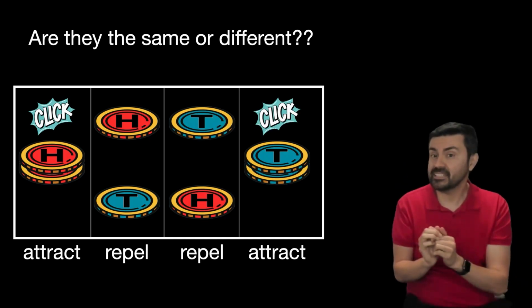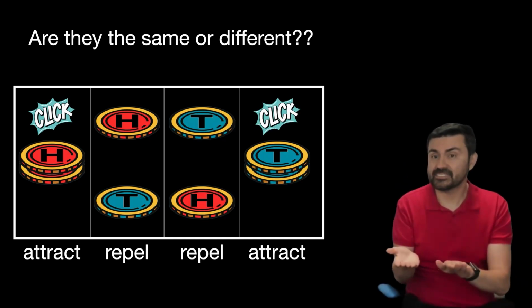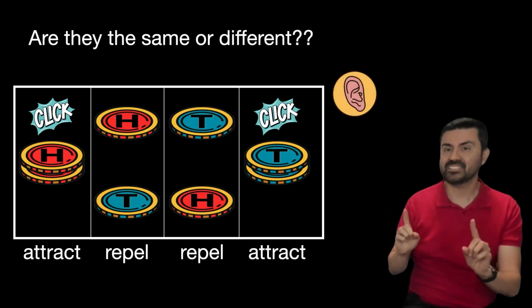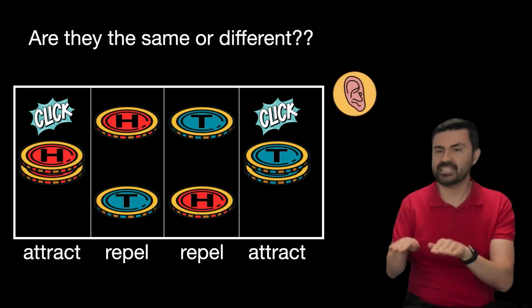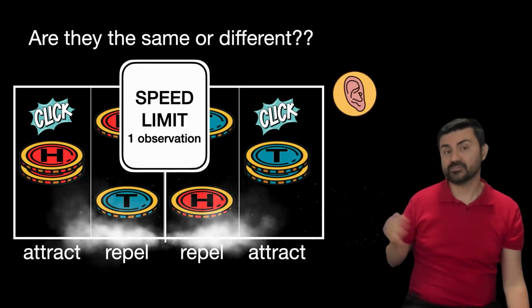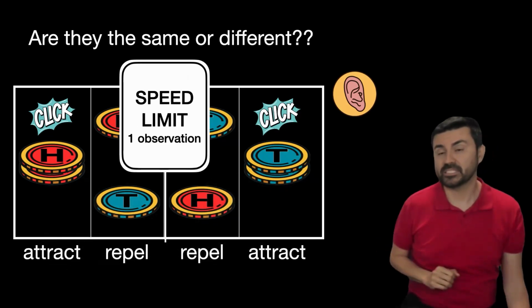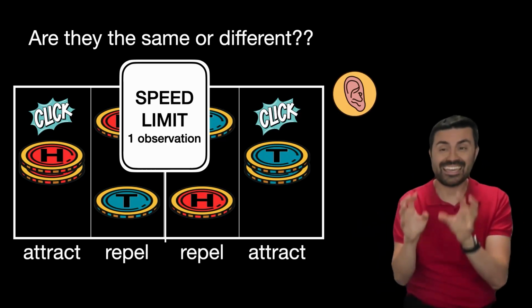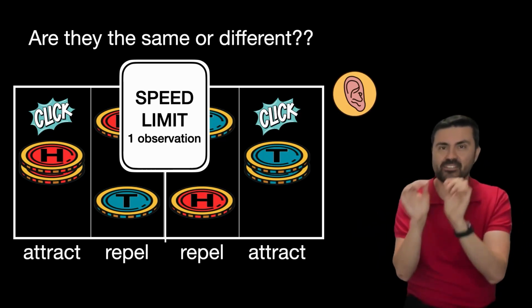And if we didn't hear a click, it means they had different faces. So with one binary observation, this time being hearing, we managed to find out if they fall in the same face or in different. And actually, that's what the speed limit of information tells us. So with a little bit of twisting things around, we were able to hit the speed limit of information.